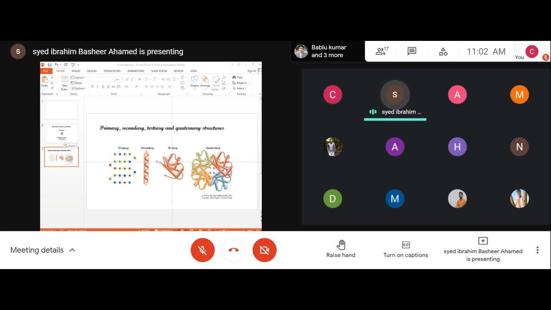And after reaching the place, the protein may undergo some chemical modification, such as phosphorylation or glycosylation. Some proteins have chemical modification, and again, this is informed by the amino acid sequence only.